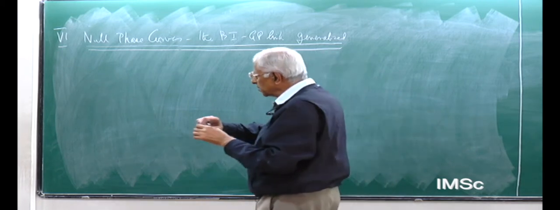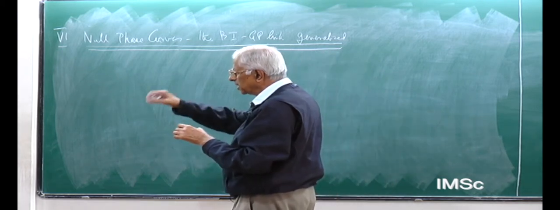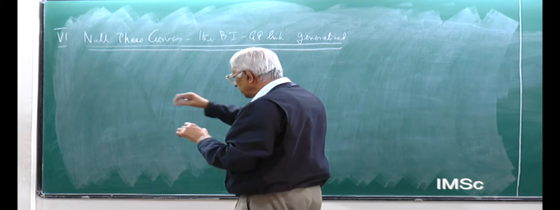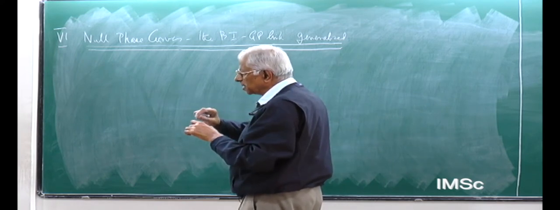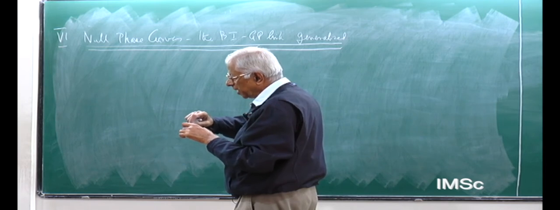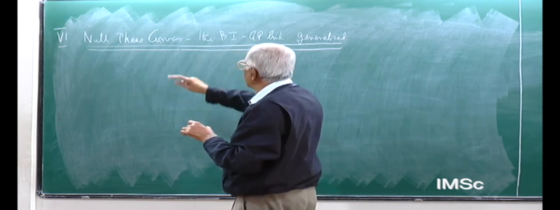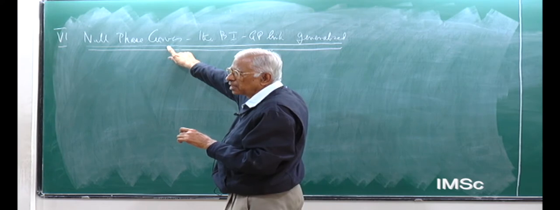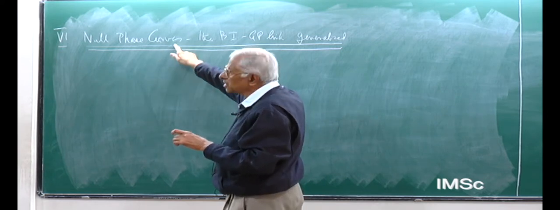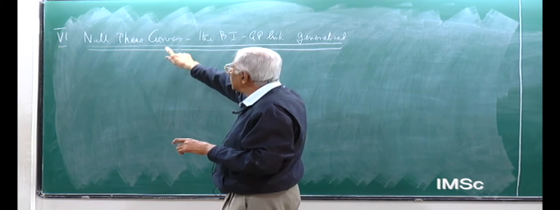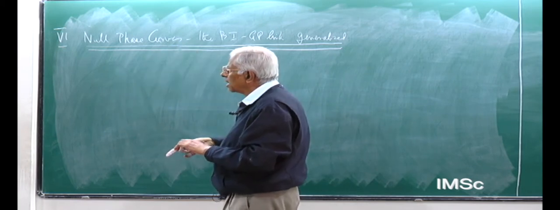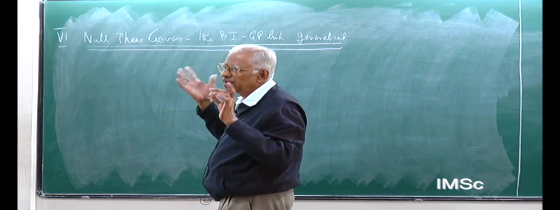You take a Bargmann invariant, say of third order, with 3 vertices. The most general construction you can make is to connect rho 1 to rho 2 by one of these new curves, rho 2 to rho 3 by another one, and rho 3 to rho 1 by a third null phase curve. These curves are a very, very large family.